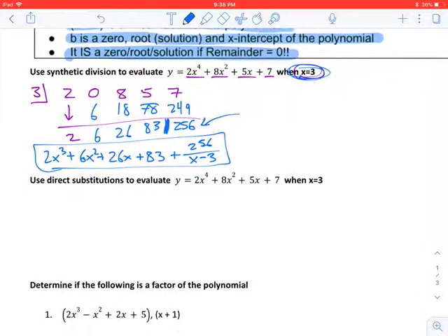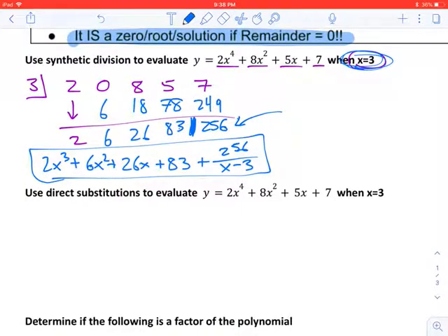Okay, so let's do the exact same thing, checking x equals 3. So direct substitution just literally means substitute in anywhere there's an x to see if this is a 0. Okay, we're evaluating by plugging in for x.